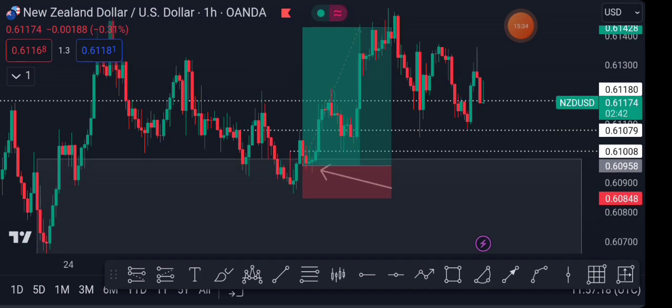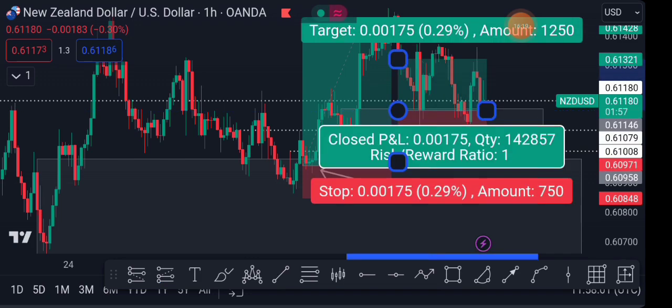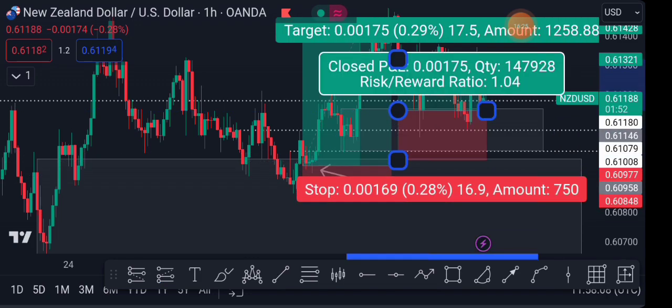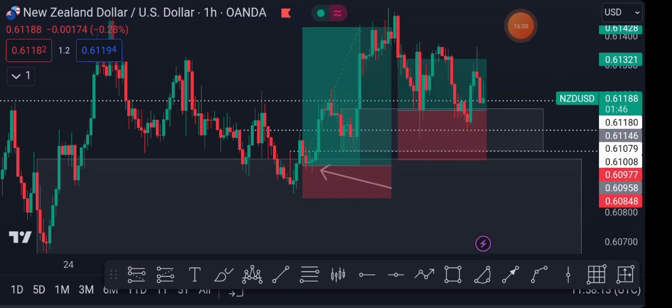So what I'm anticipating next: I dropped this signal to my Facebook group. Also, I told my members to rebuy NZDUSD. The signal was given at this point to my Facebook members.